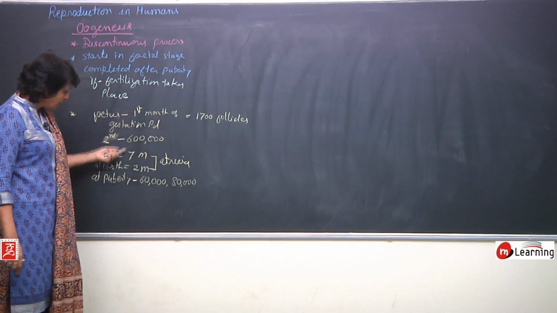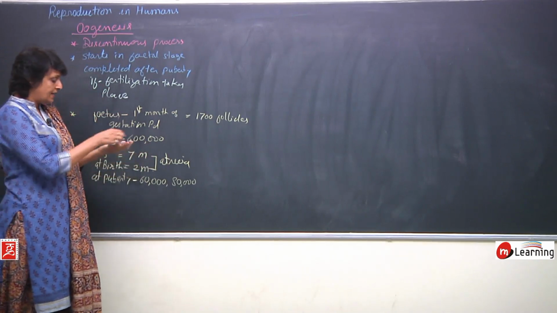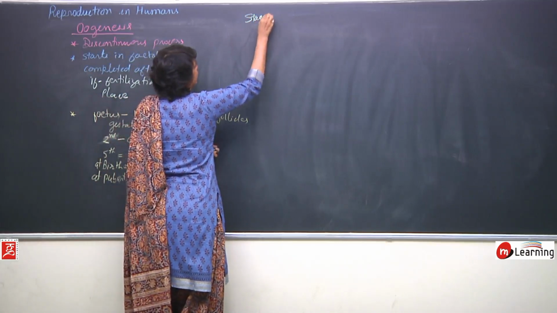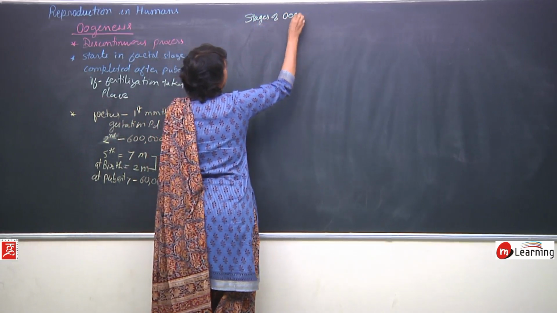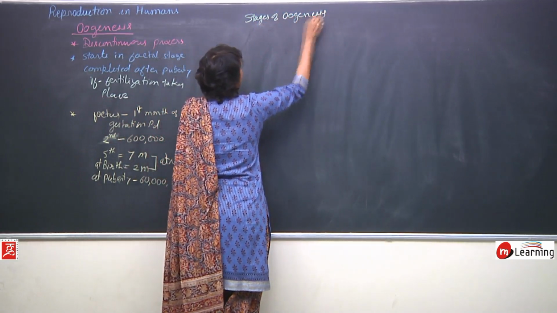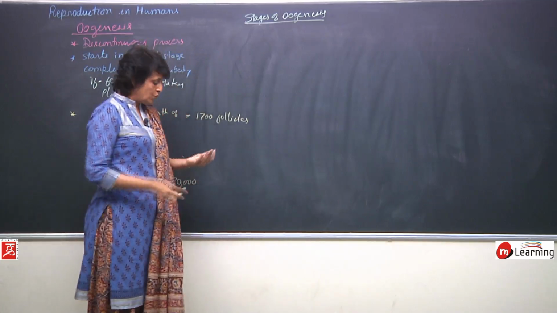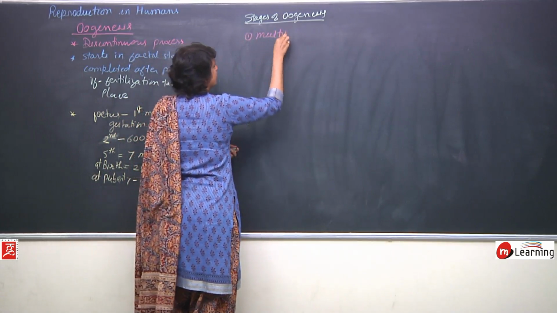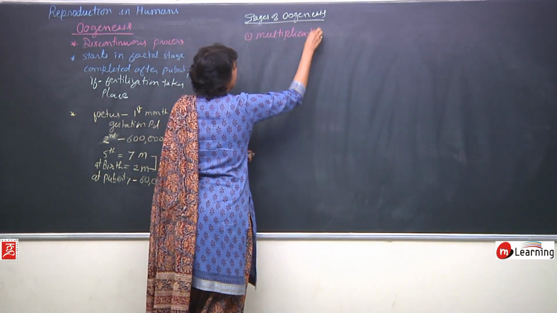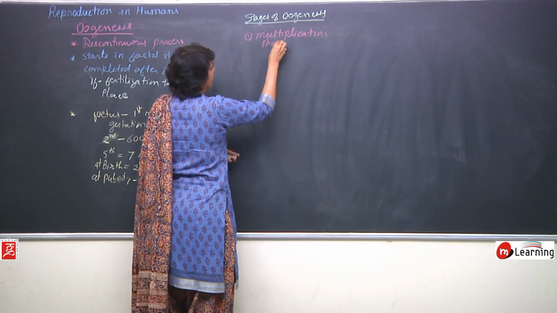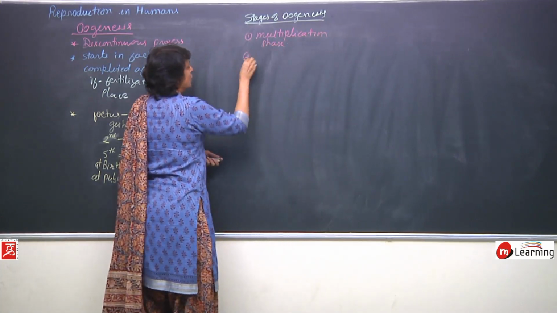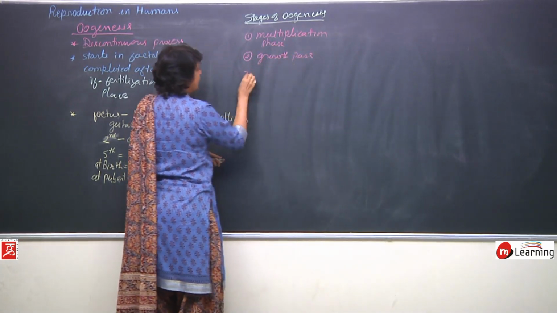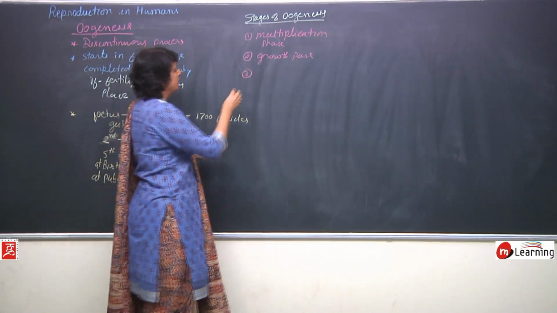Now, we were talking about this multiplication thing. Let us take the stages of oogenesis. It is completed in 3 phases: multiplication phase, then growth phase, and maturation phase.